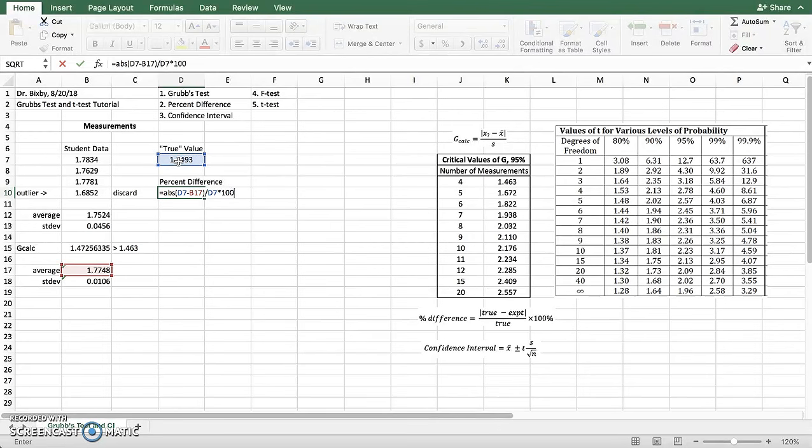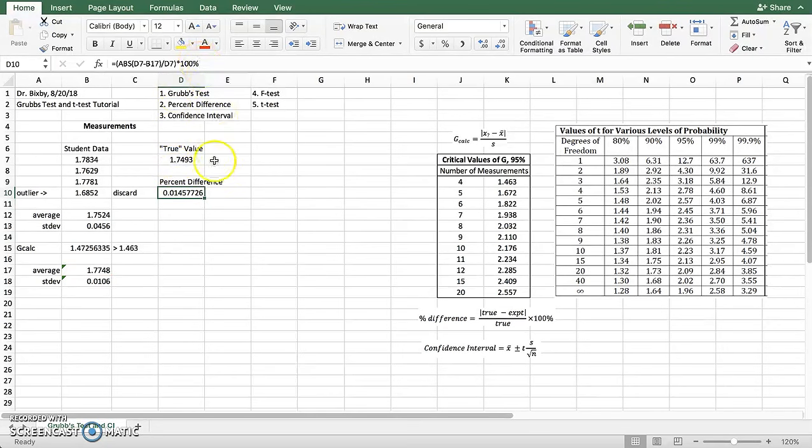Now I will point out that order of operations here, division and multiplication, will always work out the same. If you're worried about order of operations, you can put this whole quantity in parentheses, but it should be the same because of order of operations, the same way you do math on paper.